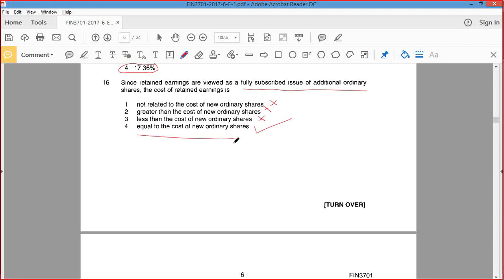And the shareholders wanted 12%, so you would automatically use the 12%, because if they want 12% return on their shares, and retained earnings equals shares, then if you use retained earnings to fund a new project, that 12% would be your internal rate, your required rate of return.